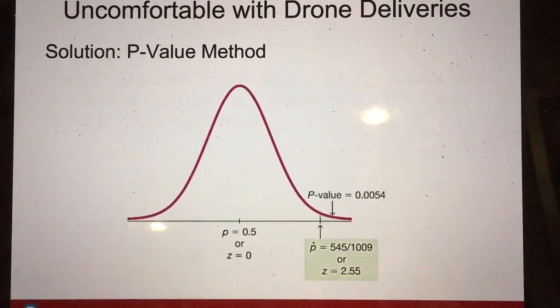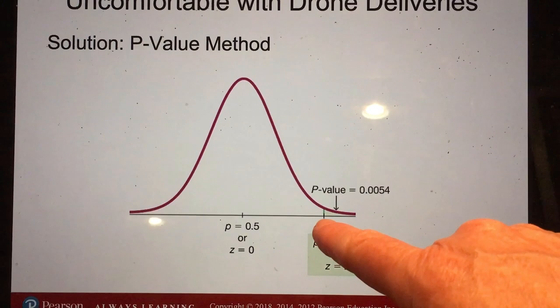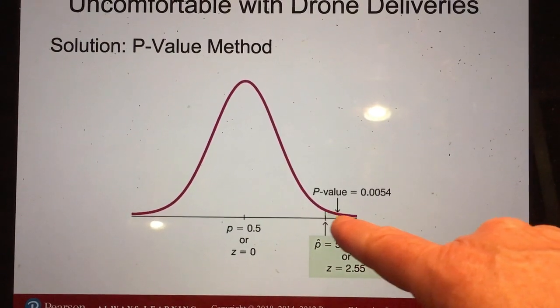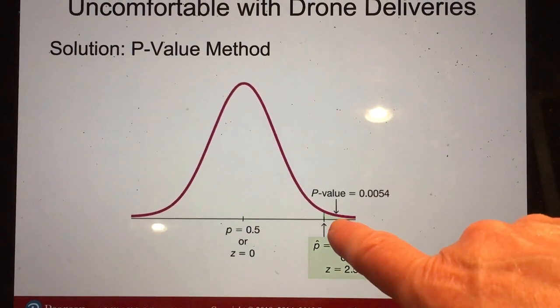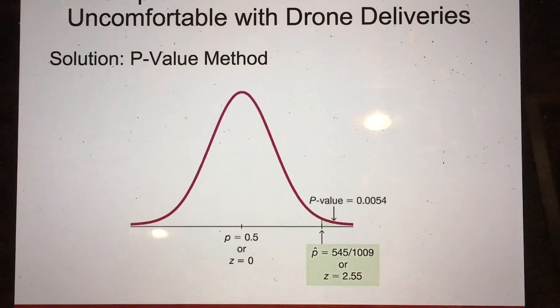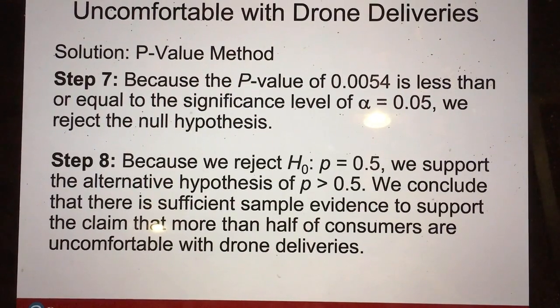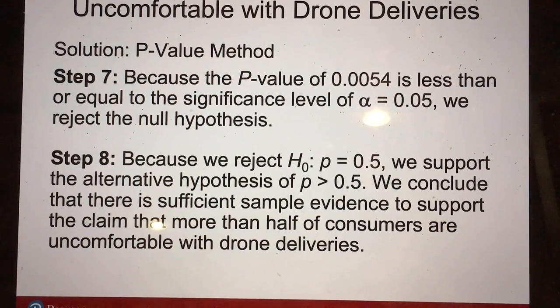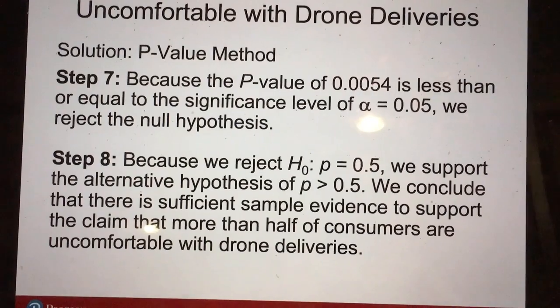Okay, so basically when you're looking at it, 0.05 is our alpha, and then our p-value is way over here, it's in that rejection region, isn't it? Okay, so then we're going to reject H sub O because our p-value is less than our alpha.